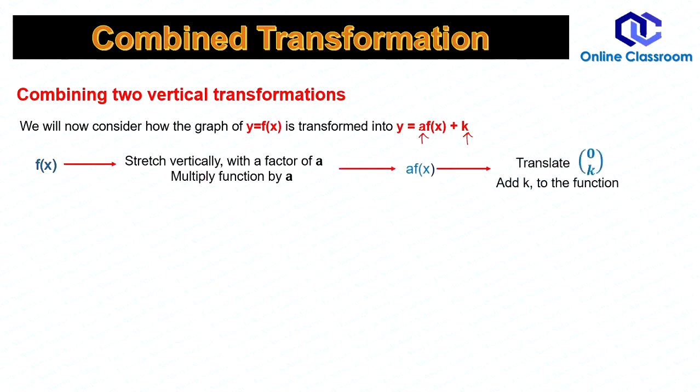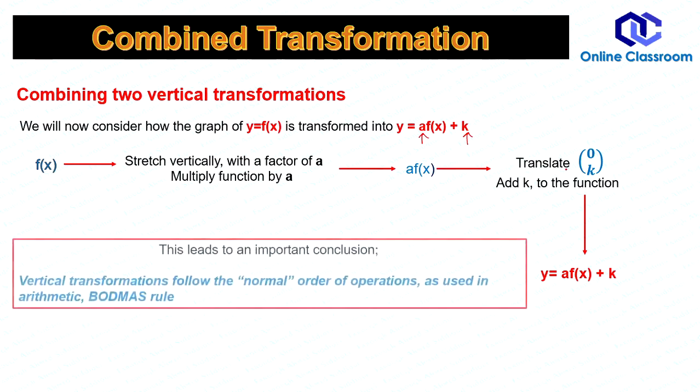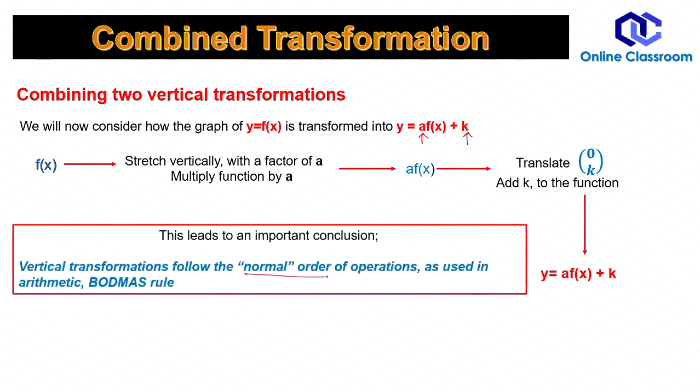Please see the flow chart, and finally we get this figure. In this order: first stretch, the multiplication part, and then translation. I can say we apply the normal order of mathematics, or you can say the BODMAS rule, in the case when both are vertical transformations. Please note this down.